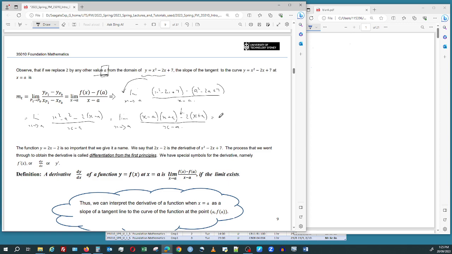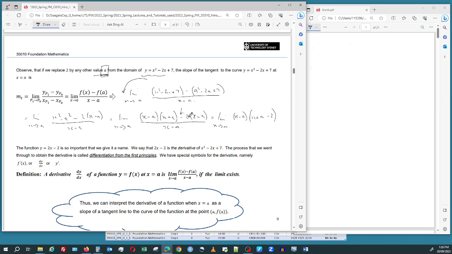So the limit of x approaching a, so we can see that x minus a is a common factor. Sorry, that's a minus. I might just fix that. X minus a is here and here over this minus sign. So x minus a can come out as a common factor, and we're left with x plus a and minus 2.